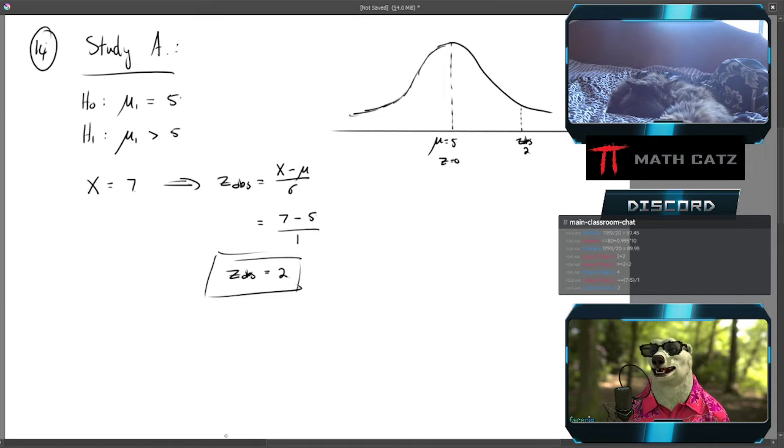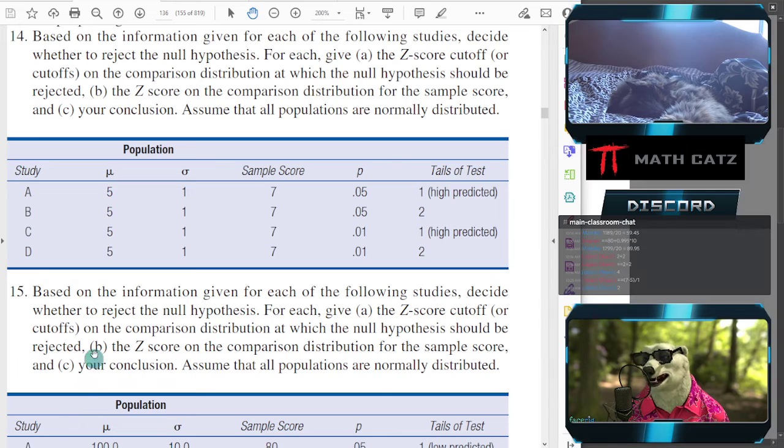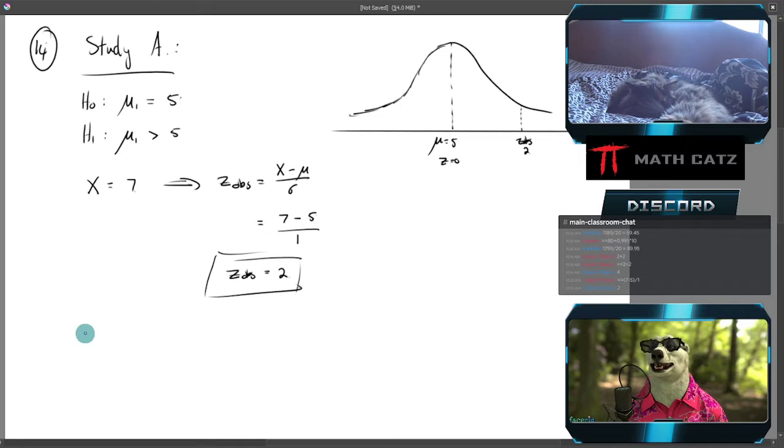So they want me to use an alpha of 5%. So let's write that over here. Alpha of 5%, or the decimal equivalent, means that, well, let's visually see what it means first. One-tailed test. So let's for a moment not be distracted by the observation on the graph, because I don't know how it sits in relation to my observed score, and say, okay, I'm going to have a line here.